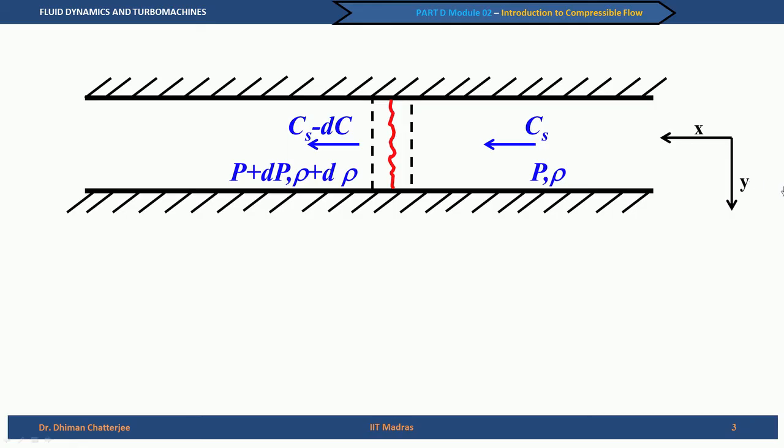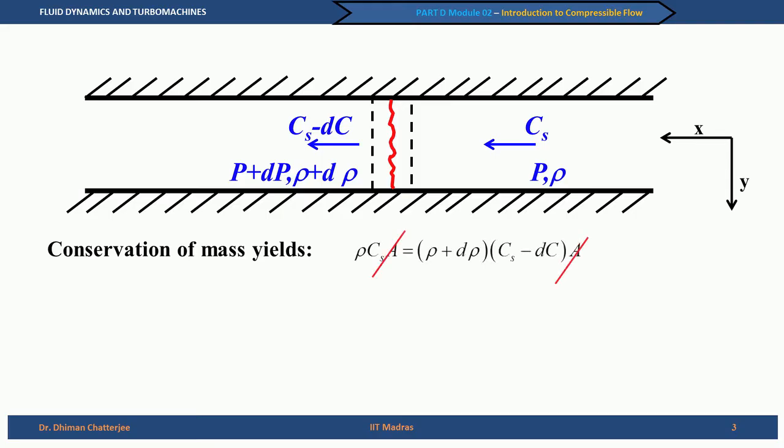Now, we can apply the conservation of mass across this control volume and we can say that rho times c_s times A, where A is the area of the passage, is equal to rho plus d rho multiplied by c_s minus dc multiplied by A.